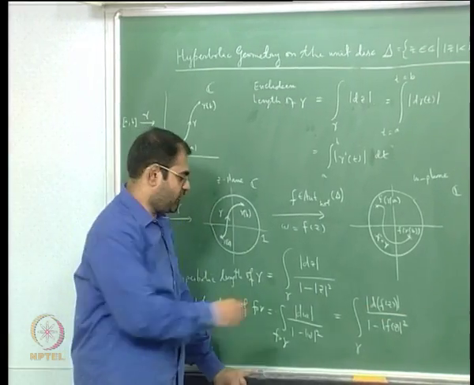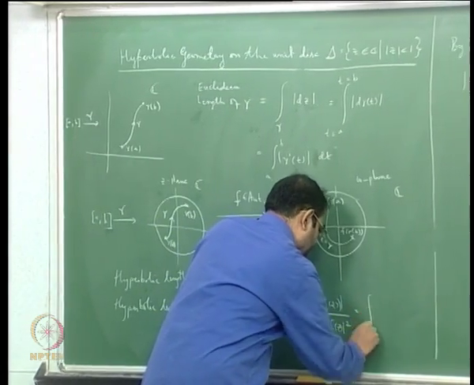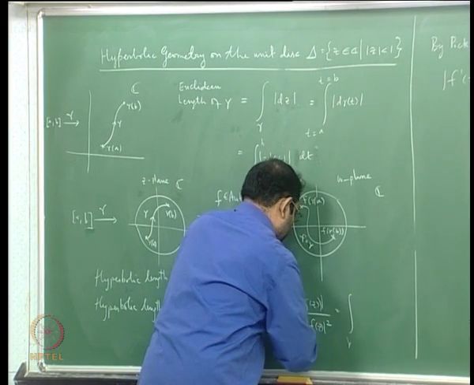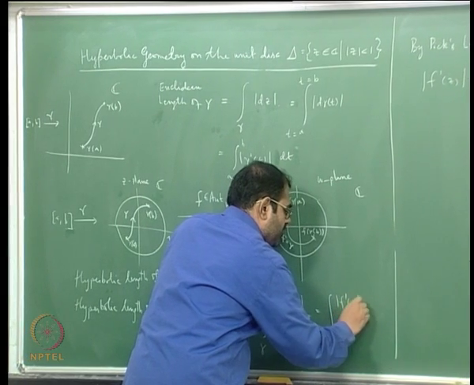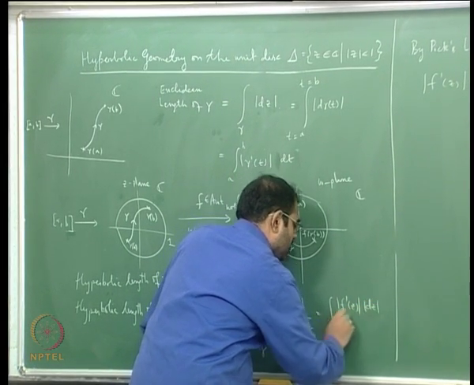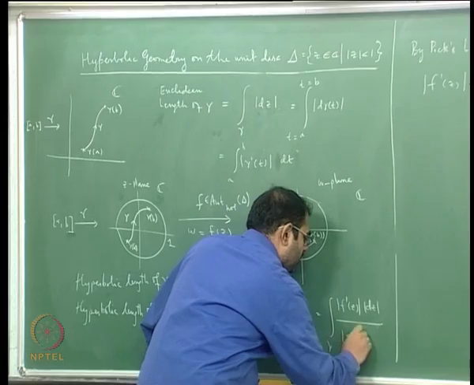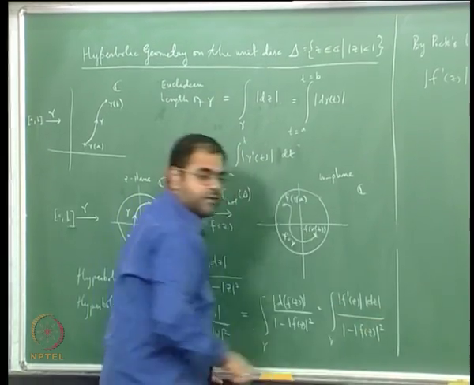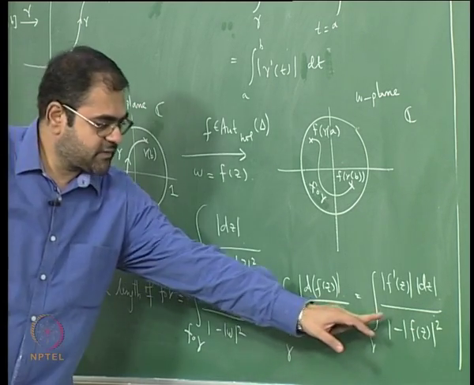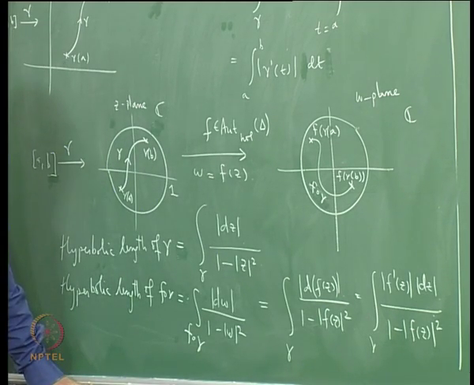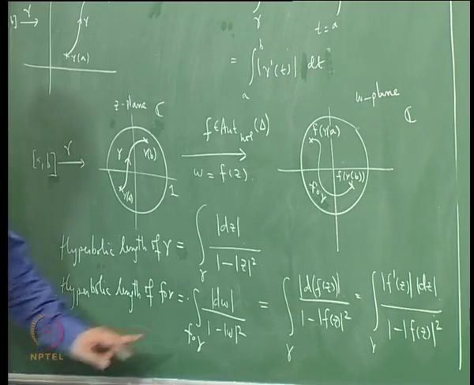But what is this? d f(z) is f dash of z dz, so I will get the integral over gamma of mod f dash of z mod dz by 1 minus mod f(z) the whole squared. This is what I get if I make the change of variable from w to z using w equal to f(z).